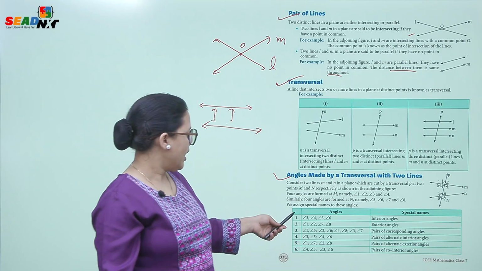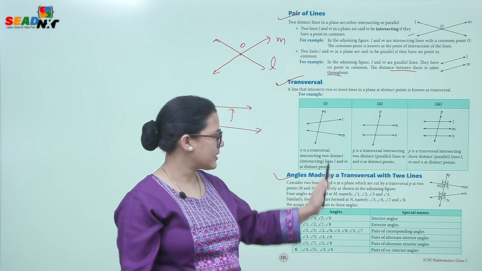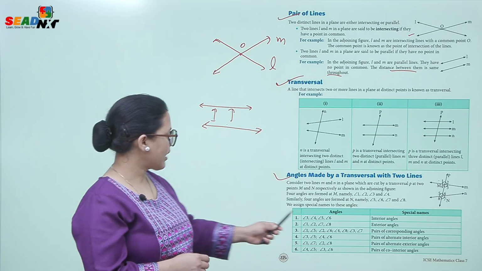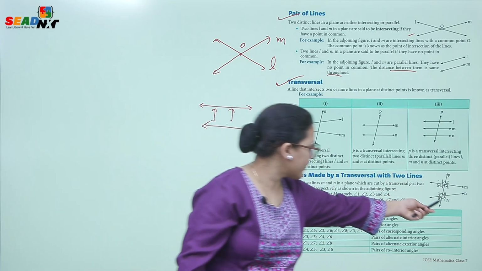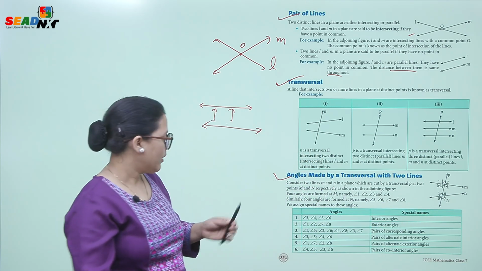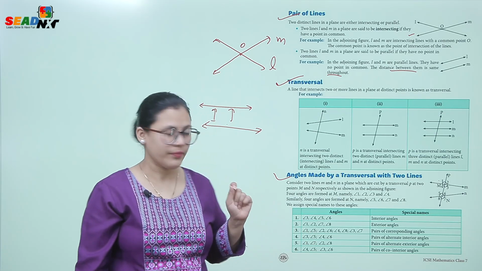Let's have a look. Number 1, angle 3, angle 4, angle 5, angle 6. These are interior angles. Angle 1, angle 2, angle 7, angle 8. These are the exterior angles. Now see the pairs, angle 1 and angle 5. This is one pair.